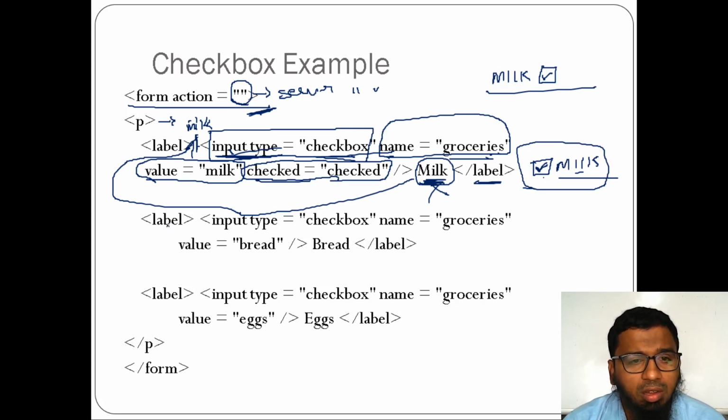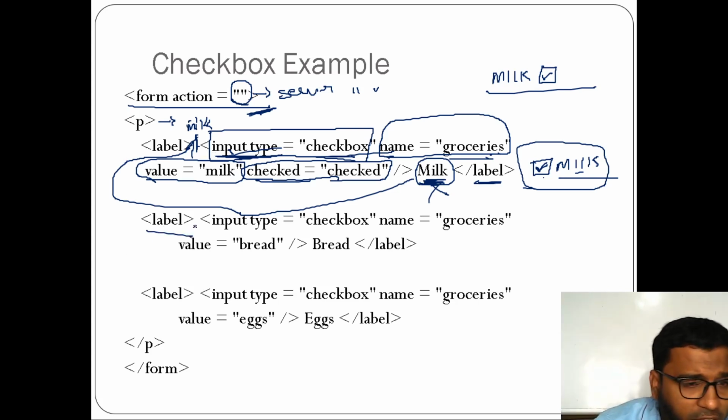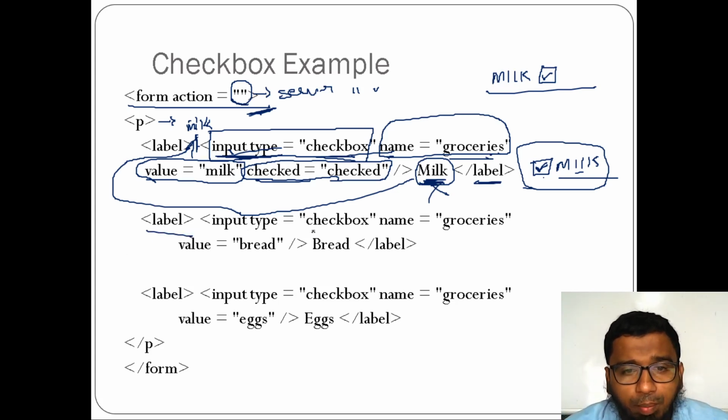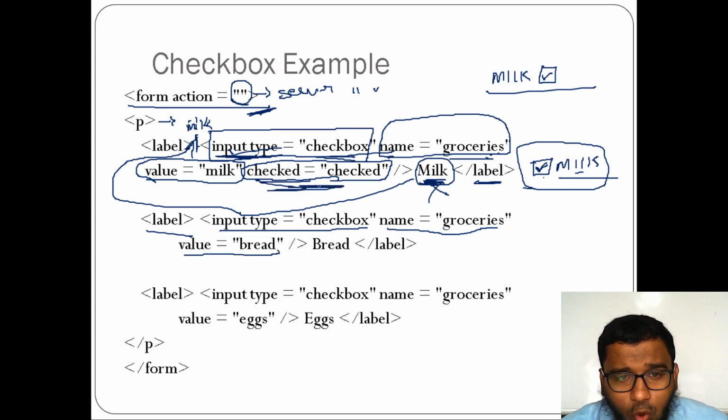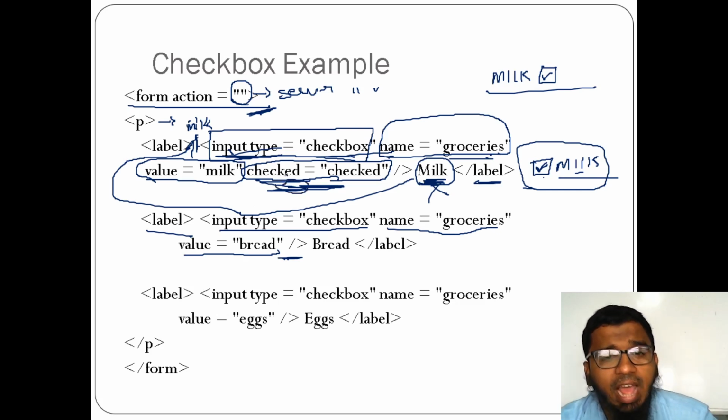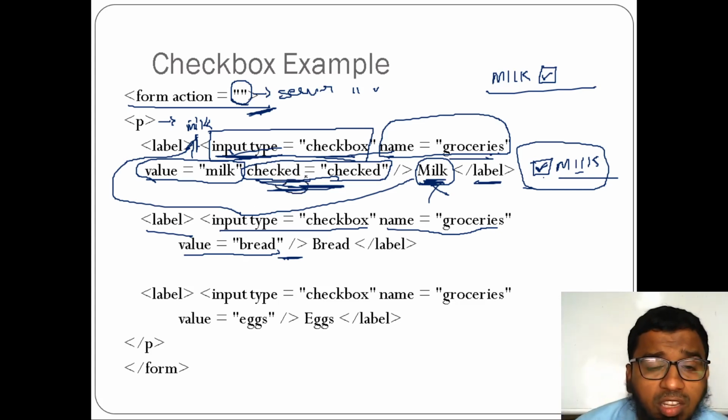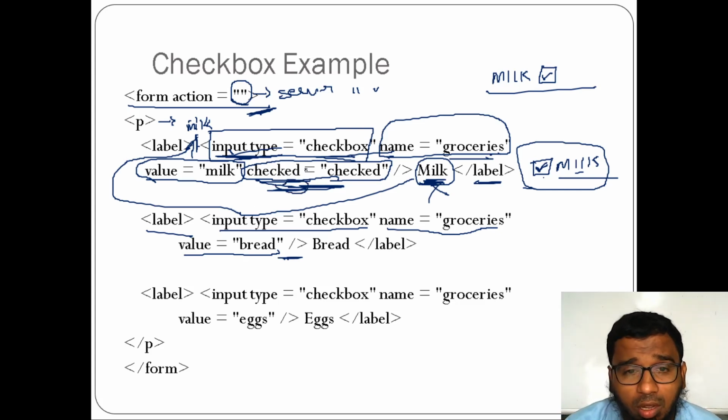Next is the same thing, we encapsulate the label, input type equals checkbox. Okay, I am writing the checkbox, and what is the name? Same, grocery. And what is the value? Now I want the bread. Can you see this checked code is not written here? Why? Because whenever it loads, this checkbox should be checked.